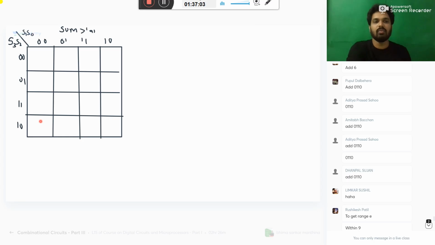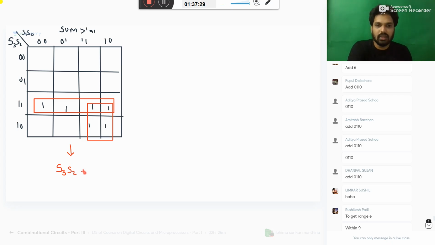What is the meaning of greater than 9? 10, 11, 12, 13, 14, 15. So you can make a quad or not. Two quads are possible. So what is your answer? For this K-map, it is S3 S2 plus S3 S1. This K-map is telling my sum is greater than 9.